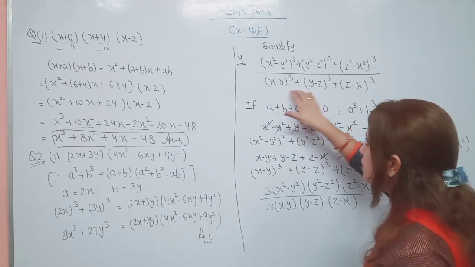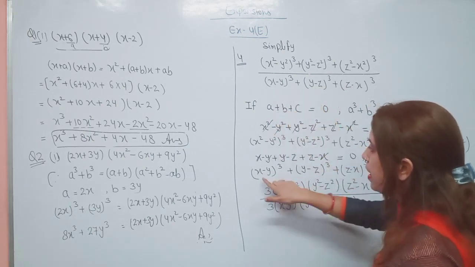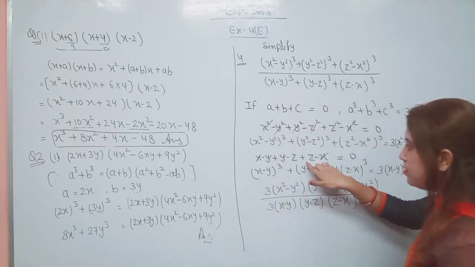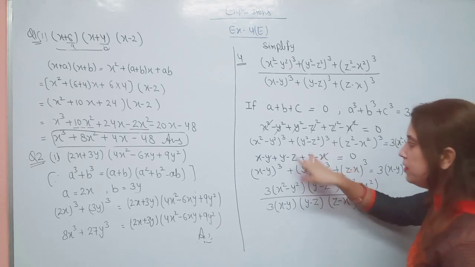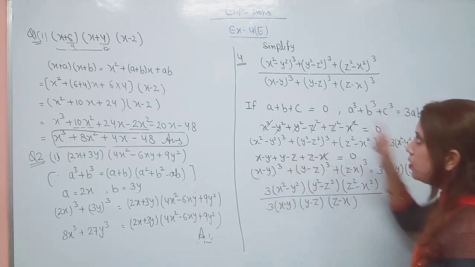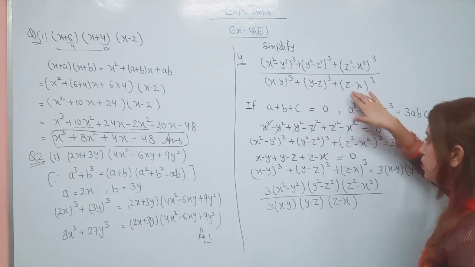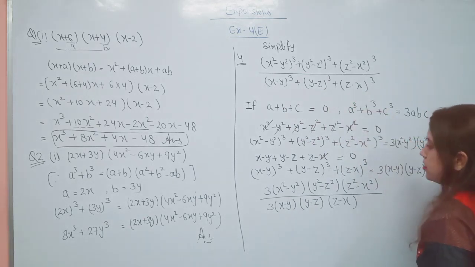Now first we find the sum a + b + c: x − y + y − z + z − x. When we solve, it will come 0. So a³ + b³ + c³ is equal to 3abc.